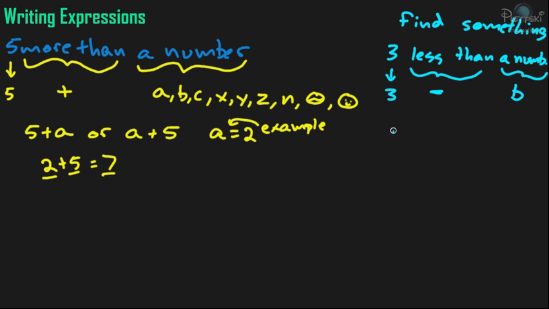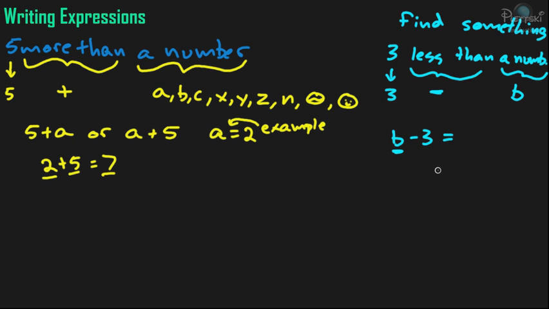So a number, you're going to start with B. So that's our number, and you want to take 3 away from it, right? Because that's going to give us something less than the number that we started with. So B minus 3 will give us 3 less than a number, because B is the number. Okay, I hope this makes sense.